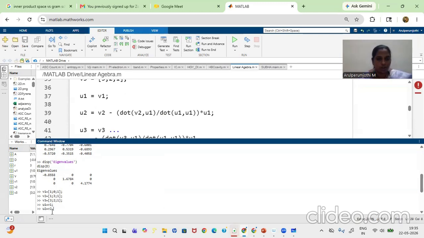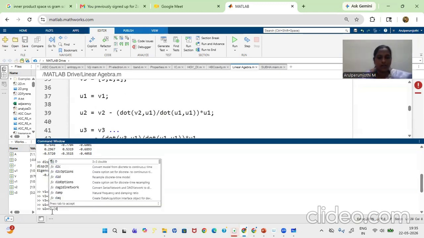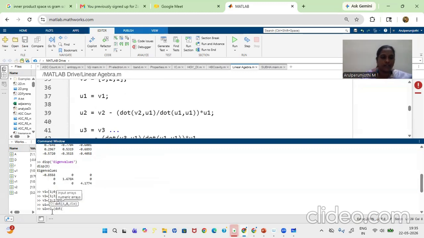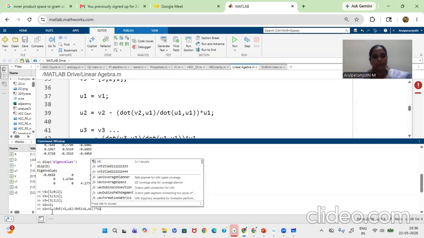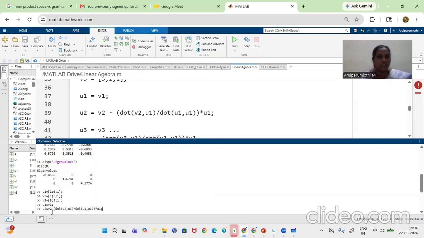MATLAB takes only the dot product, so you open a bracket, dot, open a bracket, V2 comma U1, divided by the dot product of U1 comma U1, close the bracket, into, for multiplication you have to use the star symbol, and then multiplied by U1. Put a semicolon. So this is your second orthogonal vector.